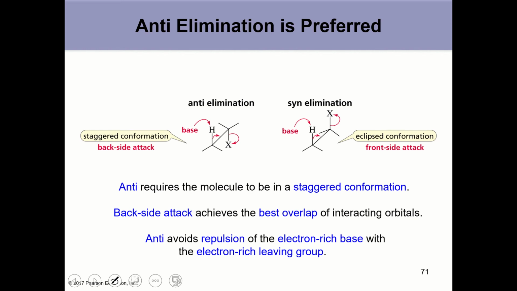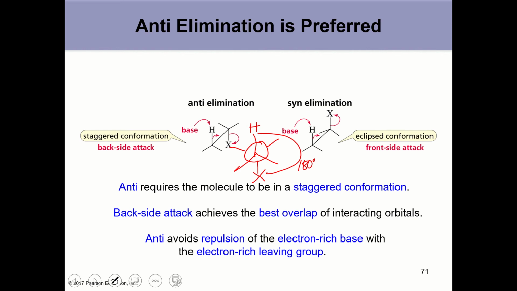This requires a staggered conformation if you're to draw the Newman projection, so that the hydrogen and the X are 180 degrees apart by Newman projection. Syn elimination is sterically hindered and less likely.